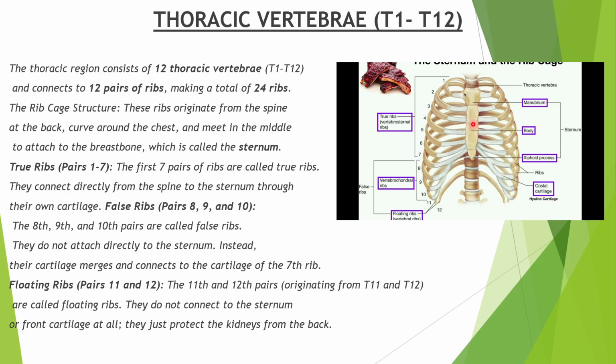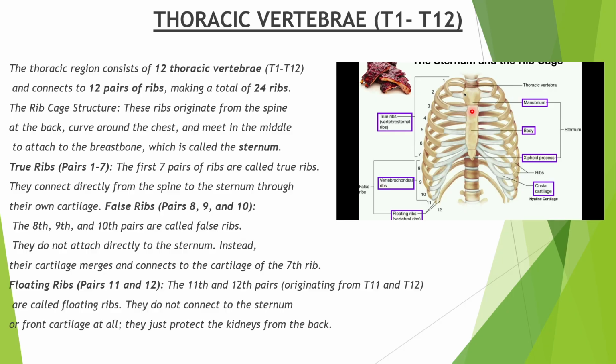This is the front side of our human body, which has the sternum, in the chest region. From the back there is the spine. These ribs originate from the spine at the back, curve around the chest, and meet in the middle to attach to the sternum.